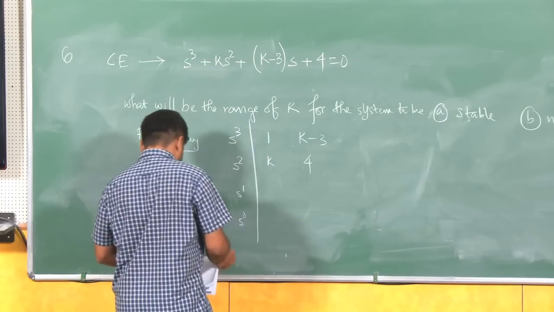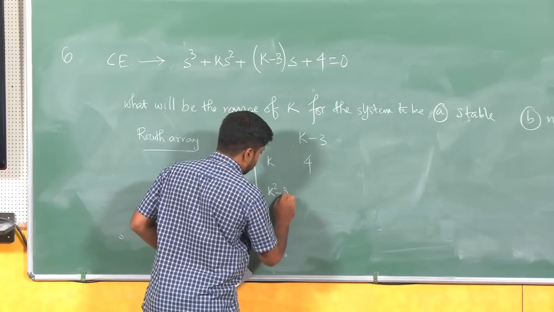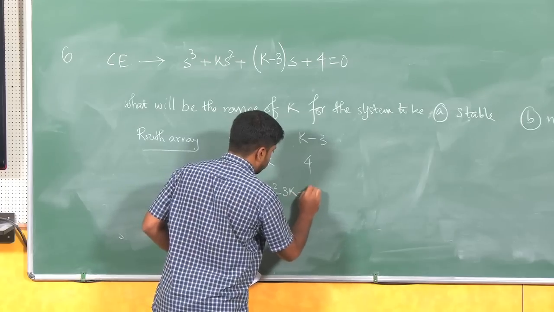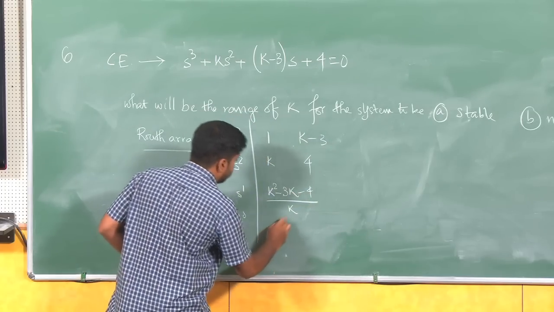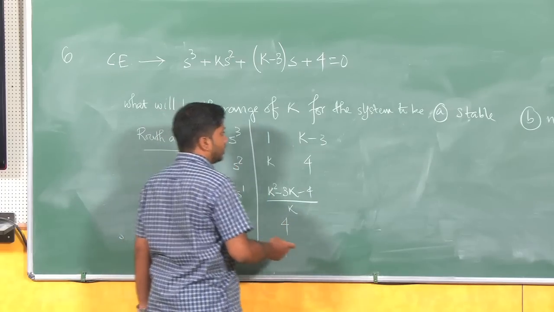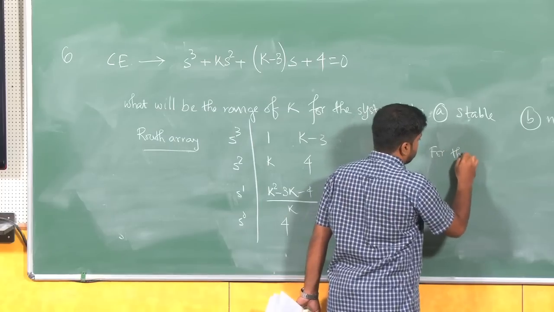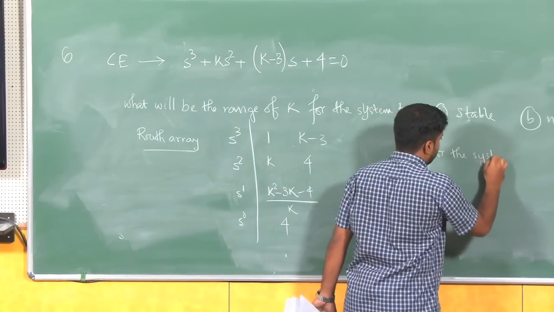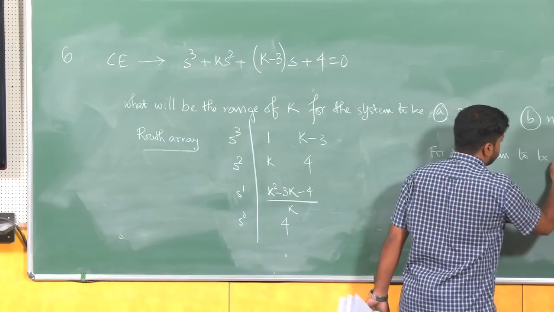So, this term will be (k square minus 3k minus 4) by k and this term will be 4. So, for stability the conditions will be for the system to be stable.